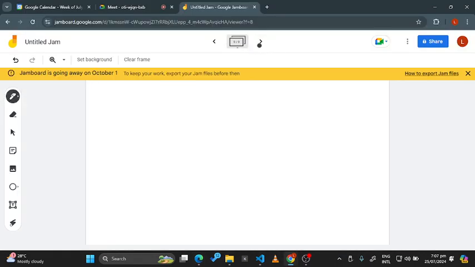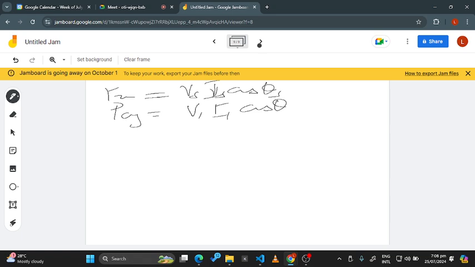Okay. So then we have P in equal to V_S I_S cos theta S, and we have P_AG equal to V1 I1 cos theta R. Then the slip part is also giving us P_AG equal to V2 I2 cos theta R. But we know that V2 is equal to S V1.